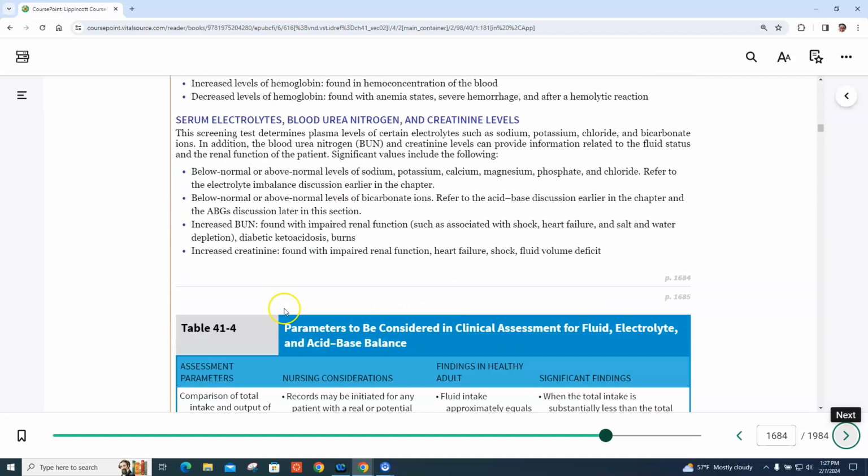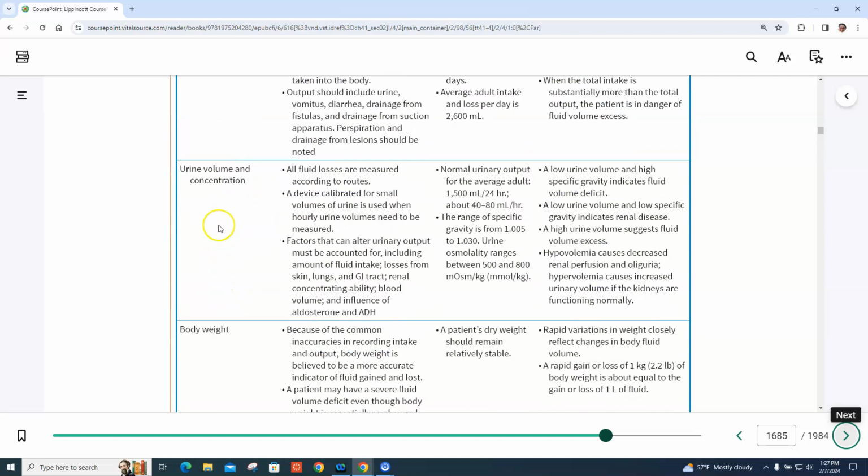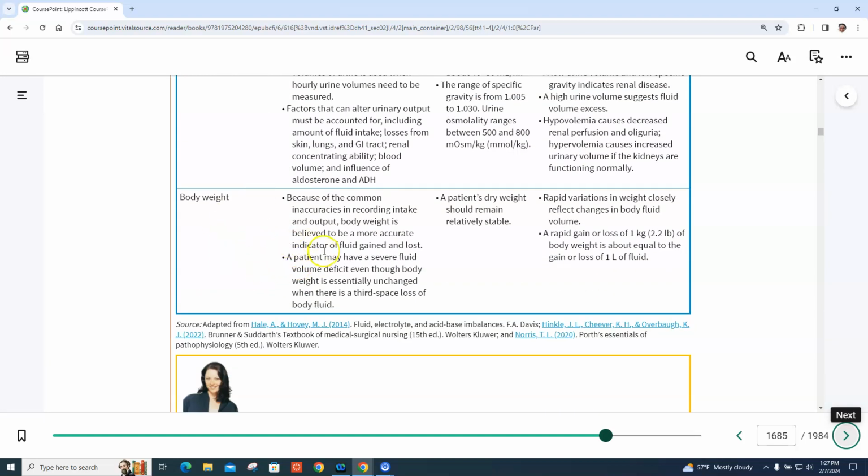Another thing you can look at is table 41-1, parameters again for fluid and electrolytes. So looking at urine concentration, and then I want to talk to you guys about body weight. Remember earlier we talked about the total body fluid weight in a healthy person is around 60%.